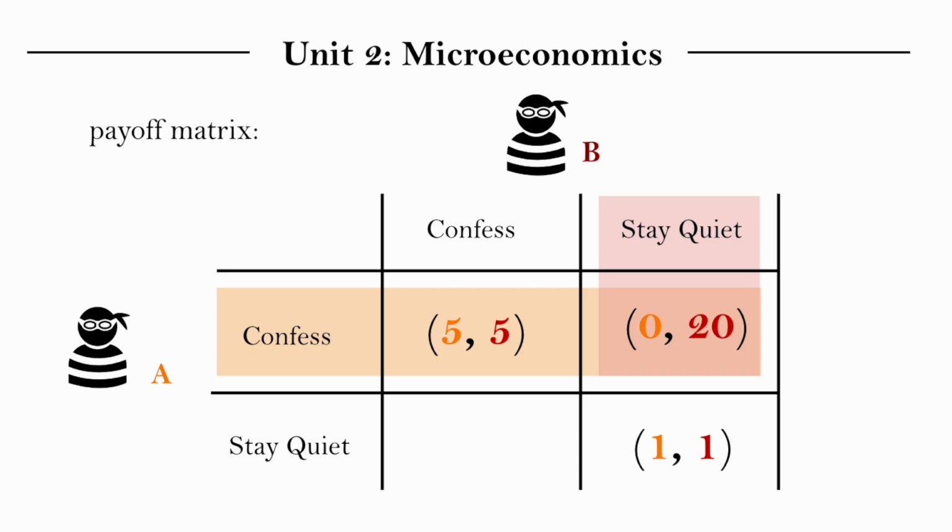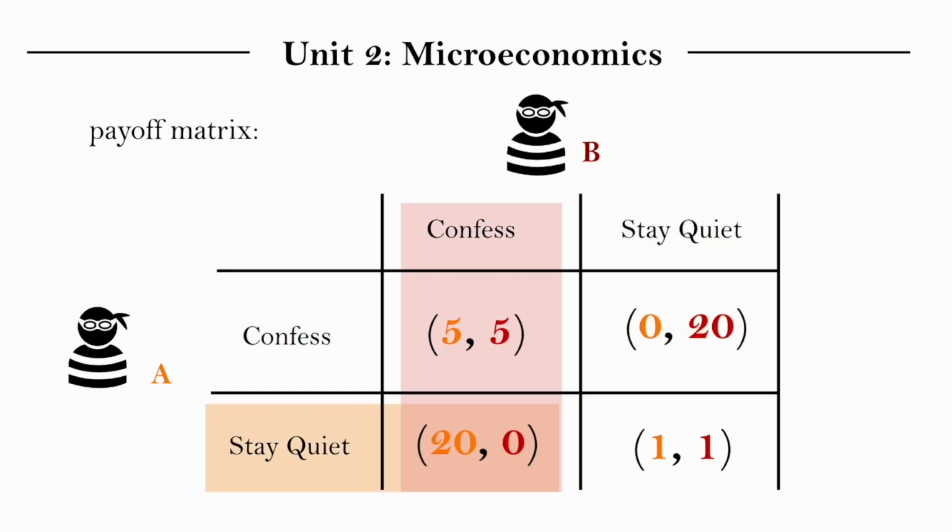And B, who not only committed the crime but also did not cooperate, gets a 20-year prison sentence. It would be the same case the other way around if B confesses and A stays quiet. So this would be our full payoff matrix. It shows all the possible outcomes based on the possible actions of each player.